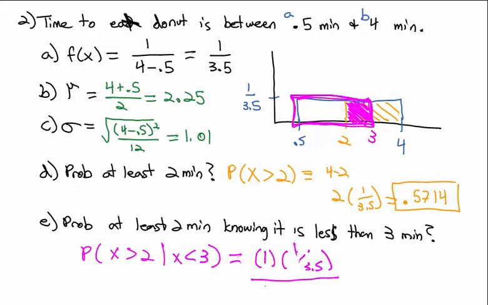The given information is less than 3. So we're going from 3 down to 0.5. 3 minus 0.5 is 2.5 times the height, which is 1 over 3.5. And as usual with conditional probability, there'll be some reducing. And so we have 1 over 2.5. Now the probability is 0.4, or 40%.